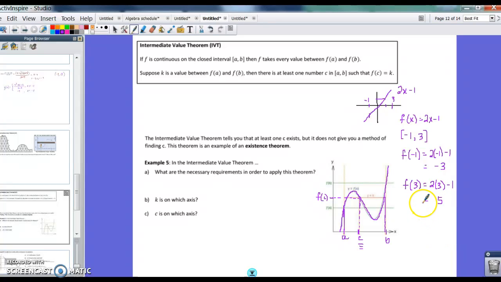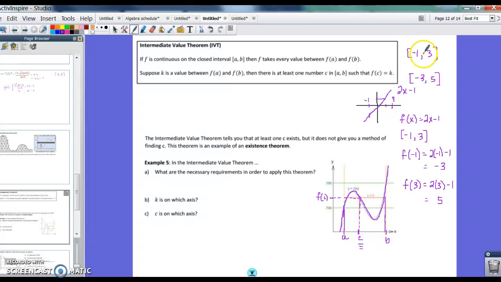So whatever value I choose for x that's between -1 and 3, the output, or the y value, has to fall between -3 and 5. The Intermediate Value Theorem guarantees that.